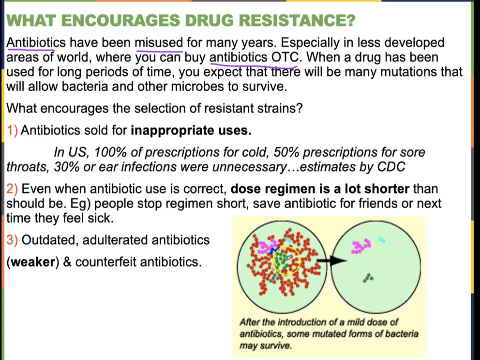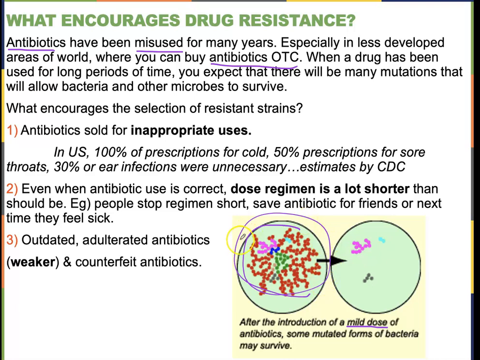When those mutants survive and you kill off all the rest of the bacteria, the different colors here are going to represent different bacteria that have different survivability to that antibiotic. After a treatment, you're going to be left over with those bacteria that are going to be resistant. And this says a mild dose.